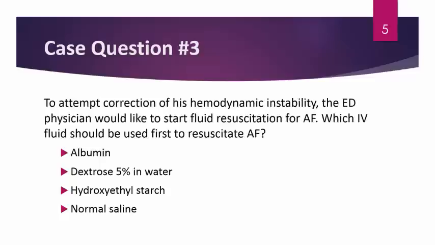The ED physician would like to start fluid resuscitation for AF. Which IV fluid should be used first to resuscitate AF? Is it albumin, dextrose 5% in water, hydroxyethyl starch, or normal saline? After we talk about these different topics today, you should be able to answer each of these questions accurately and with confidence.